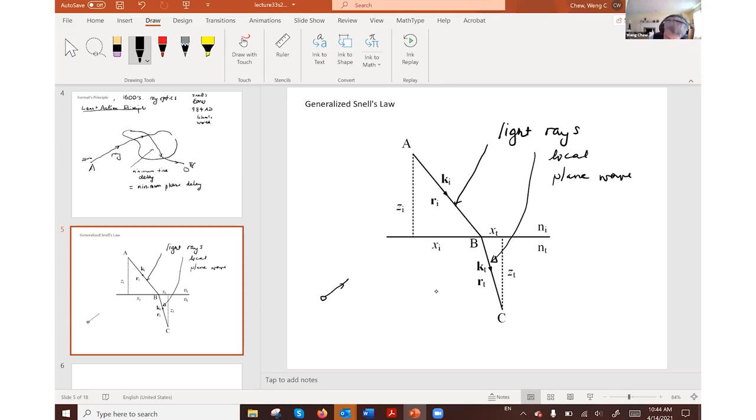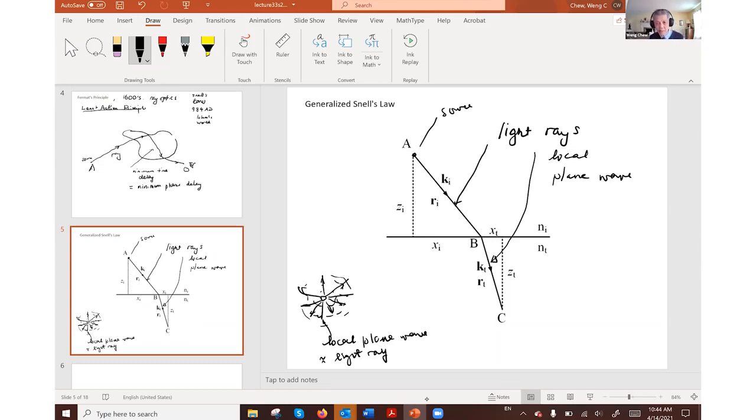If the source is producing a wave, it produces a spherical wave. Okay, you can think of this as a source. And when you have a spherical wave, if you observe at this point, you essentially see a local plane wave. A local plane wave is just a light ray.